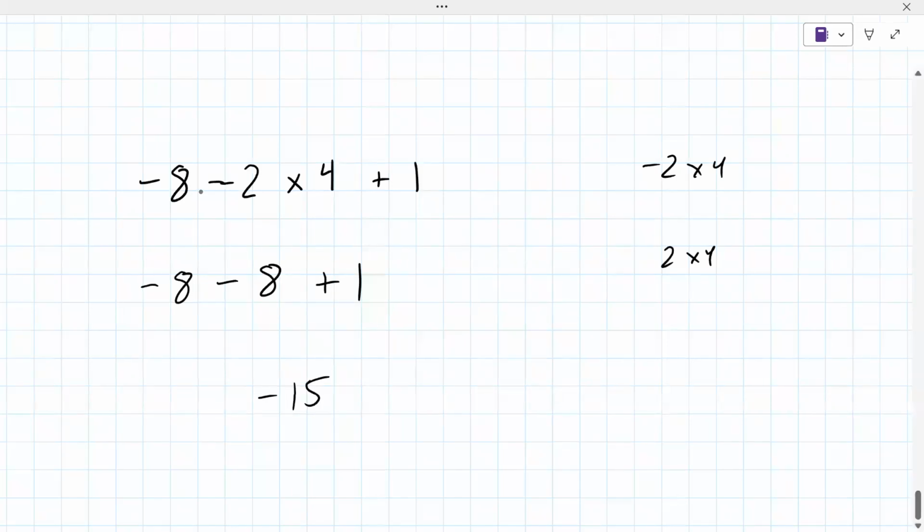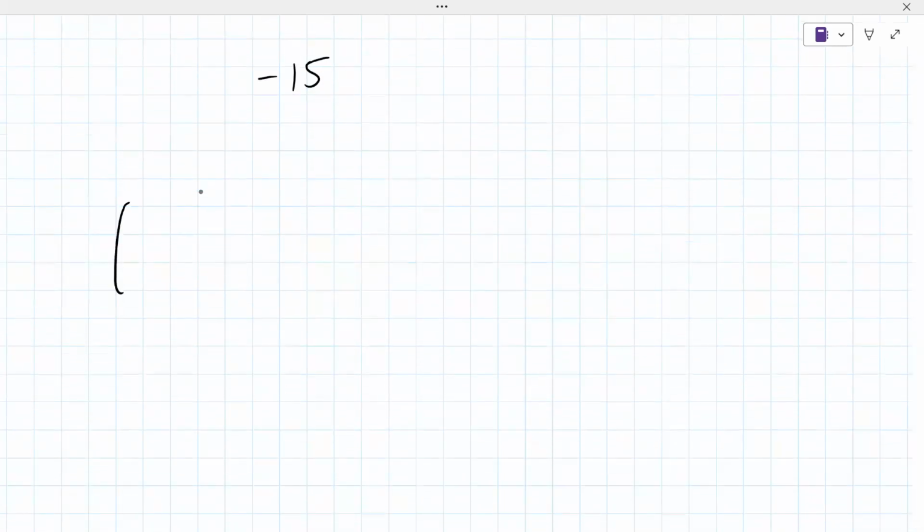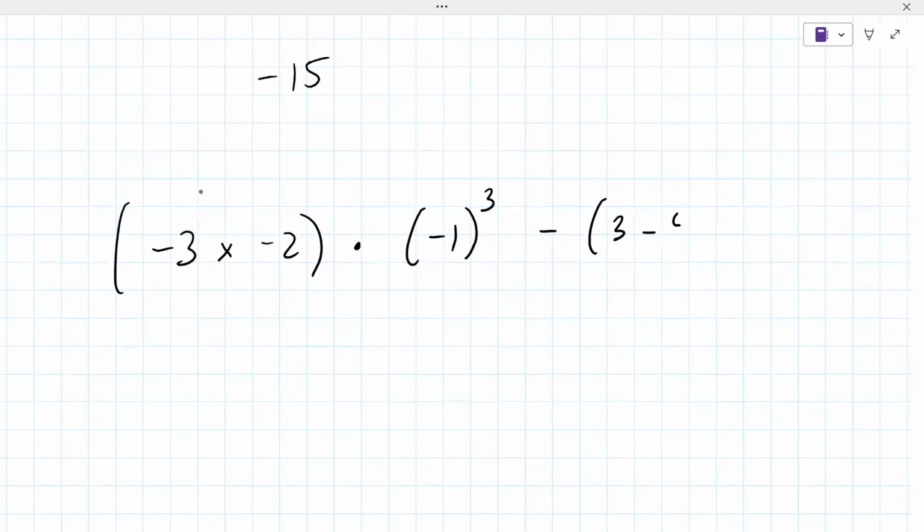Good. Let's try another one here. Okay, here's one for you to try, please. -3 times -2. Actually, let me make this division here. Sorry about that. -3 times -2 is positive 6.